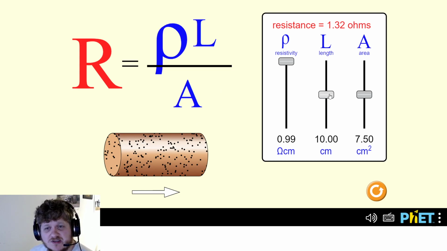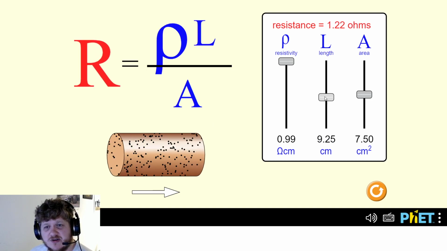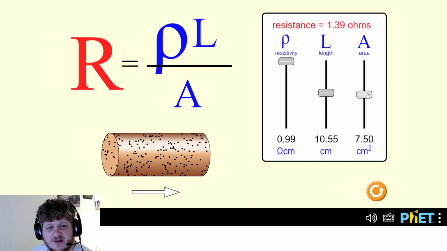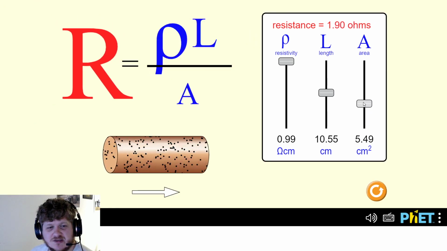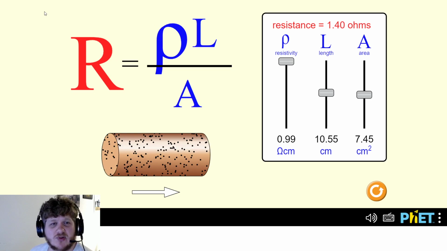Additionally, we can adjust the length and see how that affects our resistance. Or finally, you can see how big or narrow you make it to adjust that resistance. And you can go ahead and play around with it and see how those relationships interact.